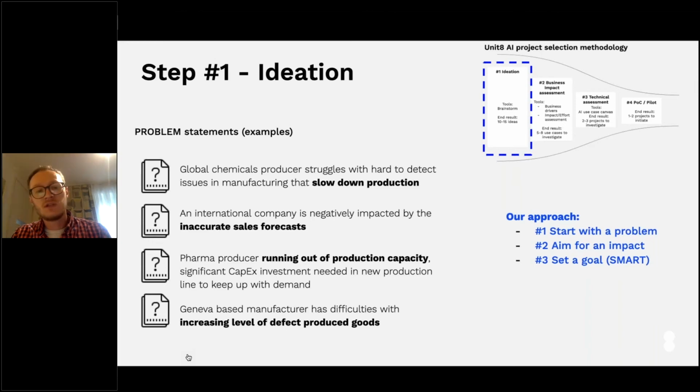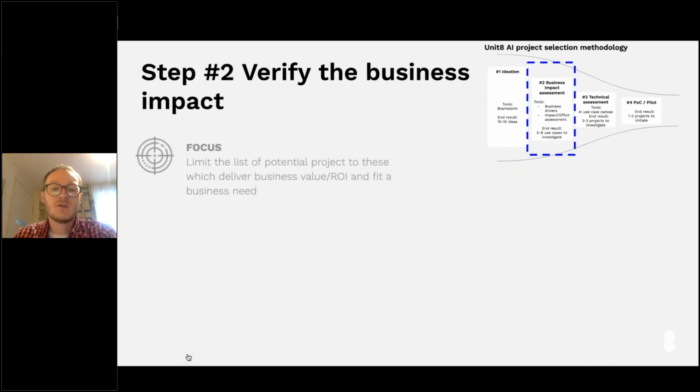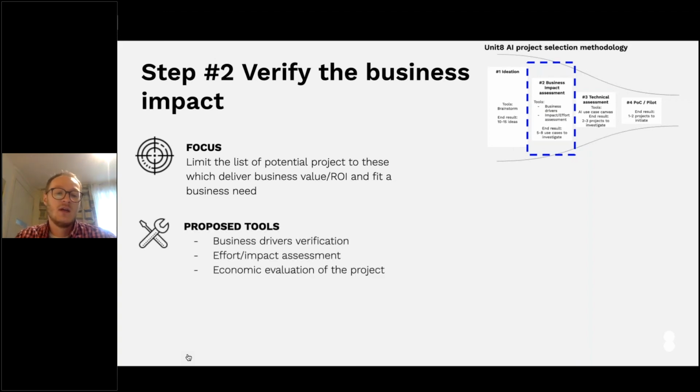So once you already have several ideas of what type of projects you may run, again, you may want to verify them from the business impact perspective. This is to trim the list of the initial ideas to only leave those that have the high chances to deliver on the return on the investment.